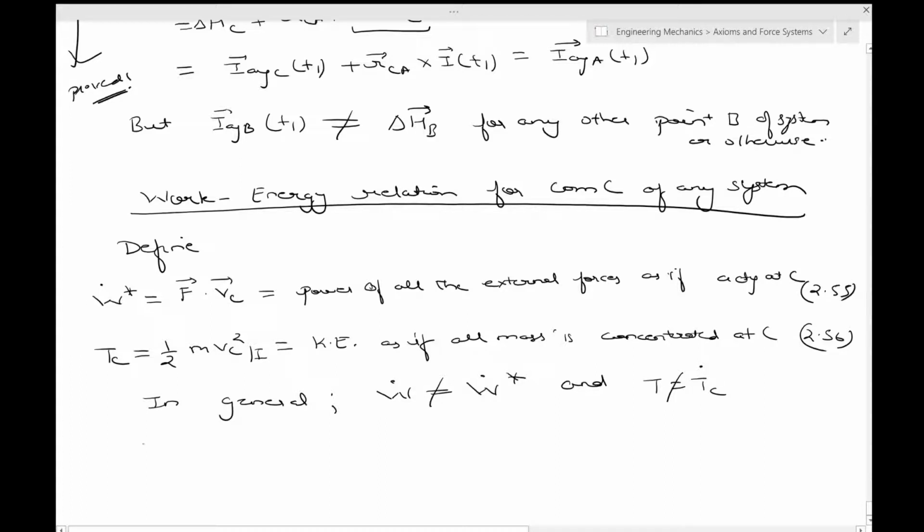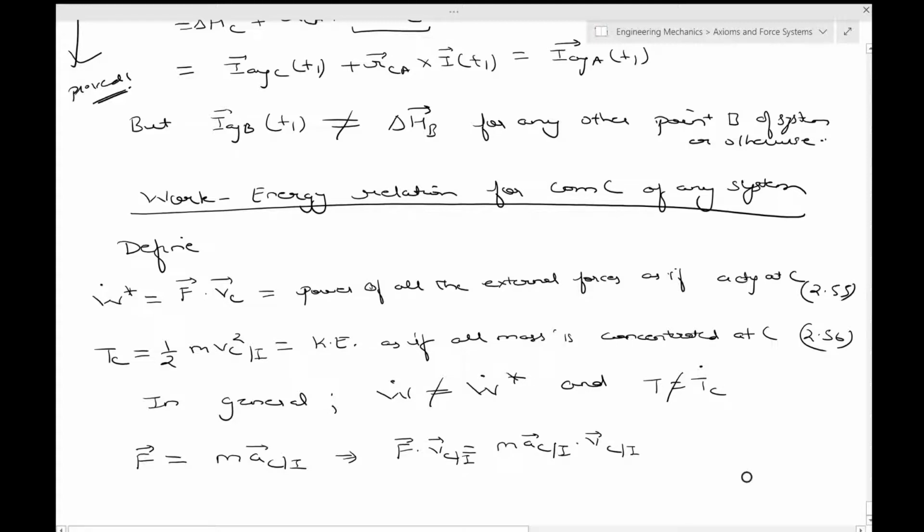Now F, as we know, can be written as m AC in the I frame. Now we dot this with VC on both sides. This is all in the I frame.